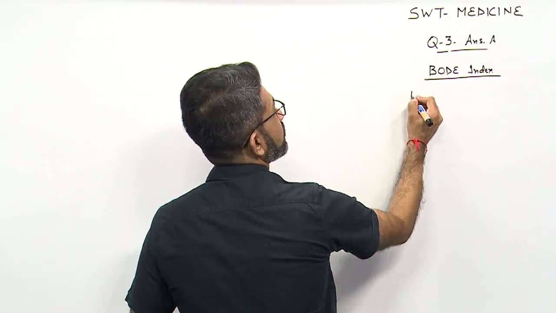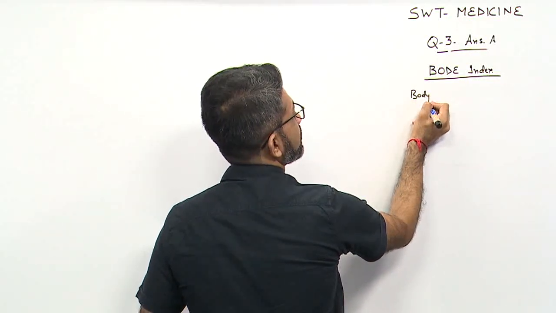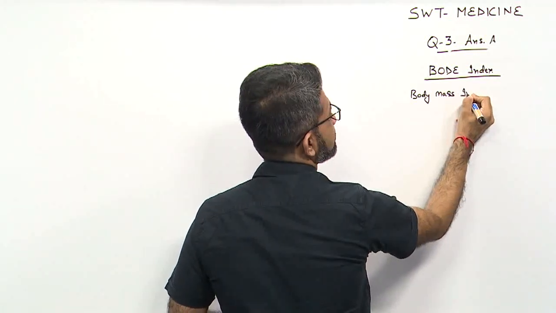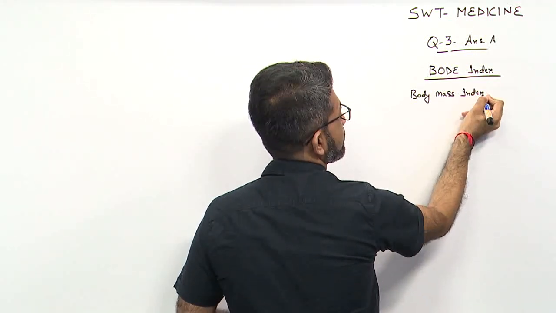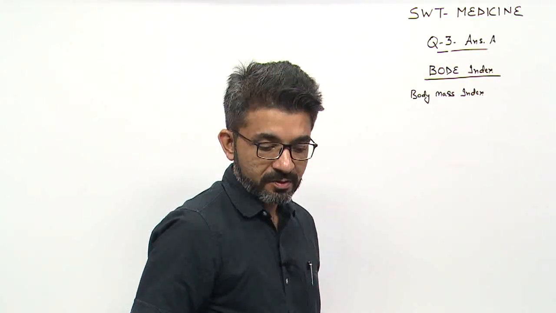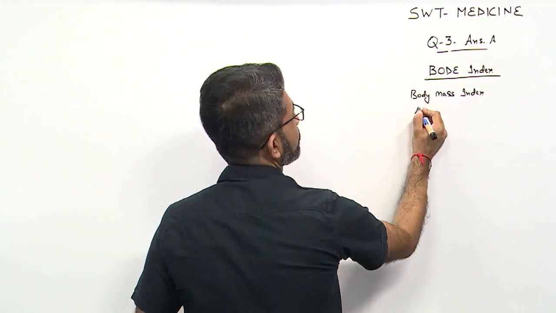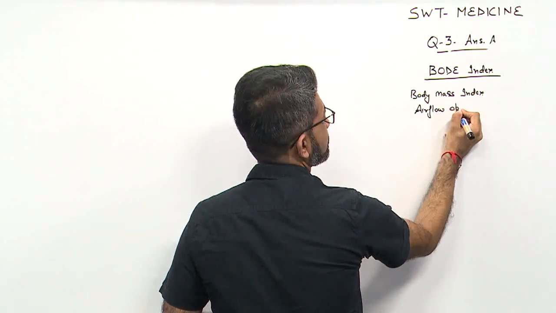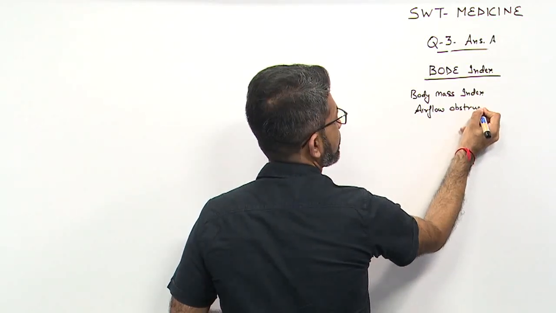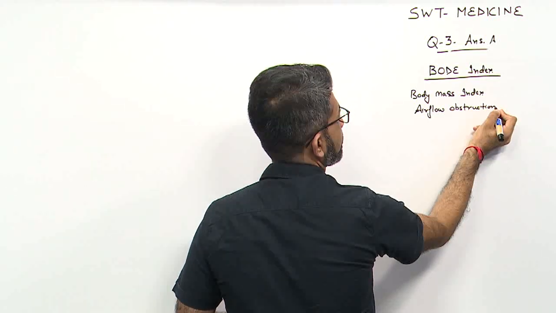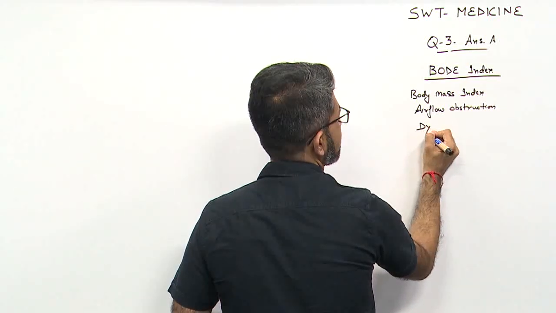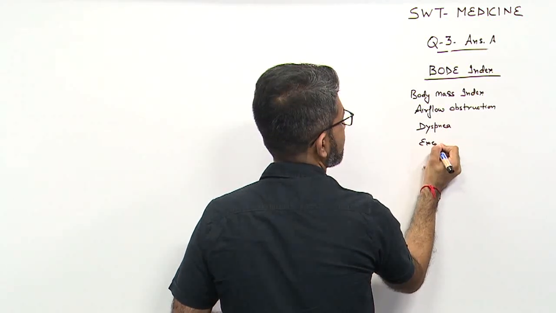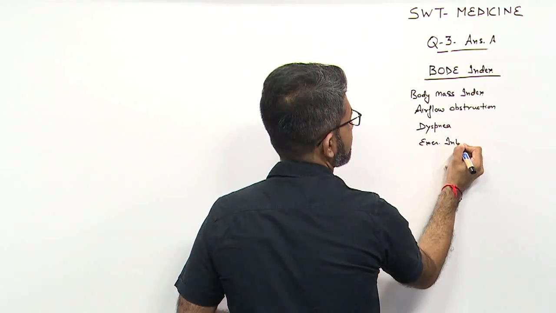It is body mass index, airflow obstruction, dyspnea and exercise intolerance.